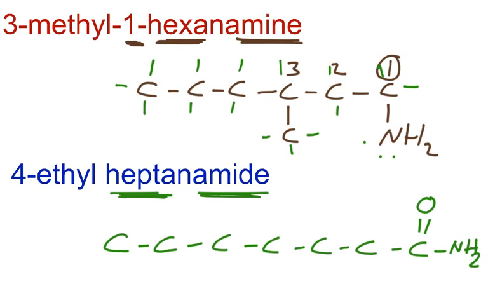Okay, alrighty. So we have 4-ethyl. This carbon right here will be carbon number 1 when we count from right to left. If we started over here, we could come this way if we put the amide group over here. But I put it on the right side, no problem. So this is 1, that's 2, that's 3, that's 4. I'm going to put an ethyl group right there, 2 carbons together hanging on the side, and that's it.